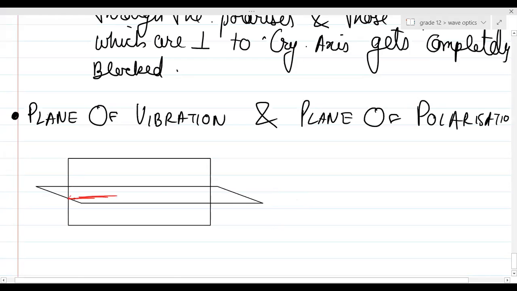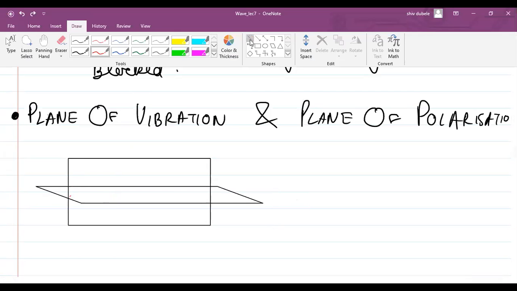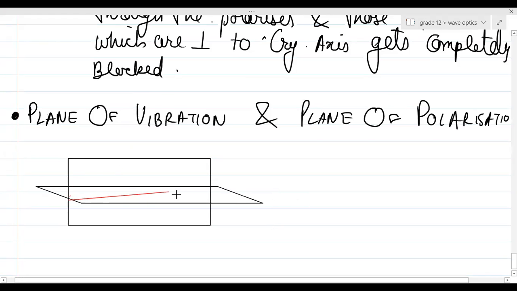Can you see these two planes are intersecting at this line, which I will be drawing over here? This figure makes much more sense as compared to the previous one.